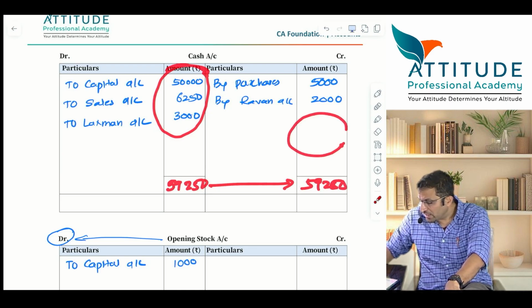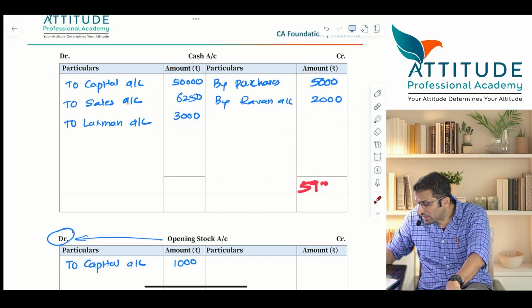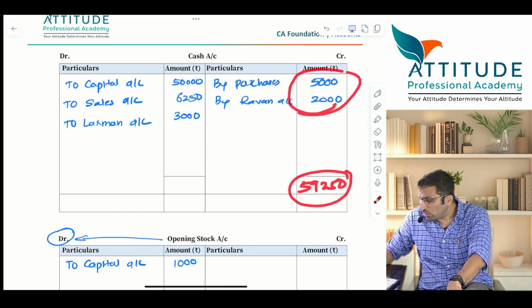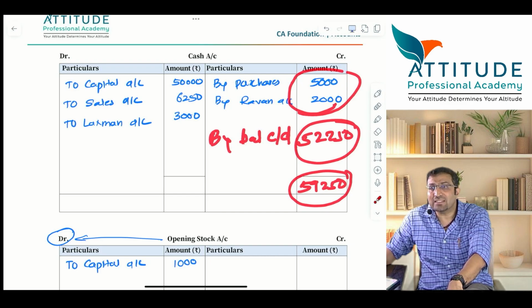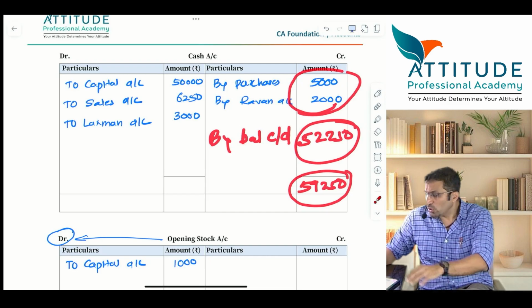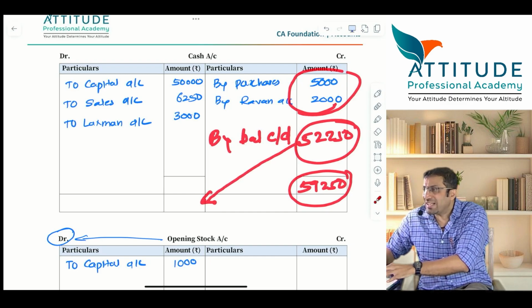Sir, but on this side the total is not 59,250. So what you do is 59,250 minus these two items. What will be the amount? 52,250. This will be your balance. By balance carried down. This is your closing balance.